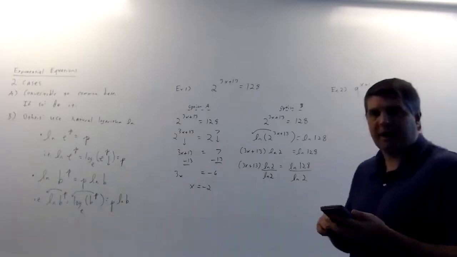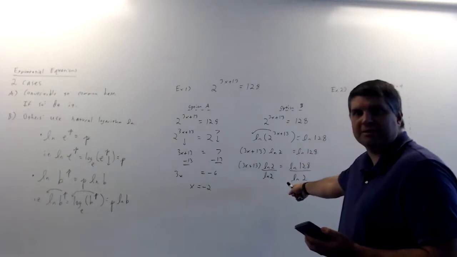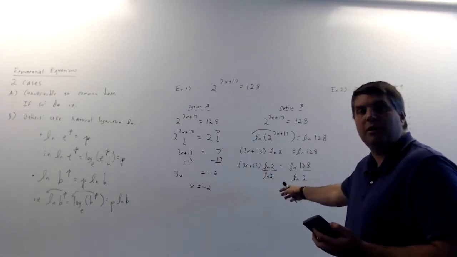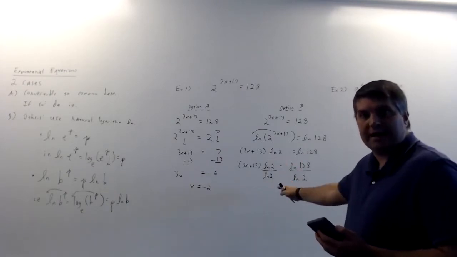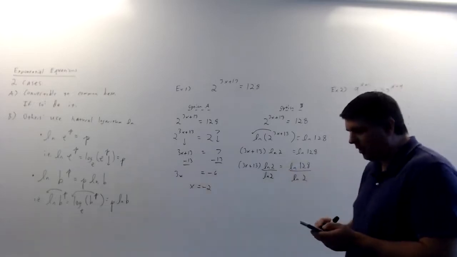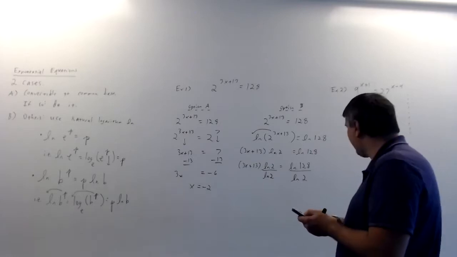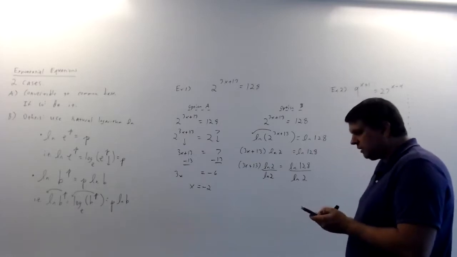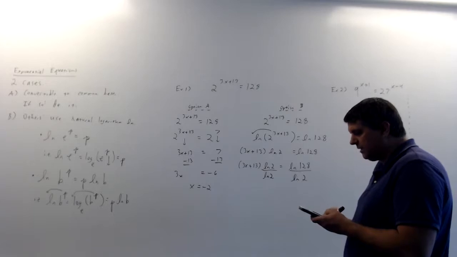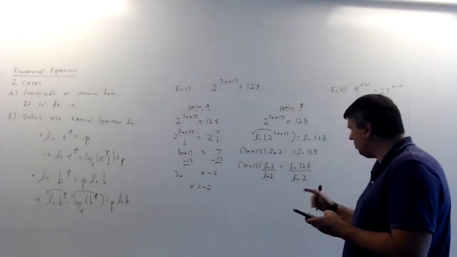And just to be on the safe side, I'm going to make sure that this comes out as a non-repeating decimal. Because if it comes out a non-repeating or non-terminating decimal, it's irrational. However, if it comes out a whole number or terminating decimal or repeating decimal, it could be written as a fraction. So, natural log of 128, 4.852 something, divided by natural log of 2, is 7.